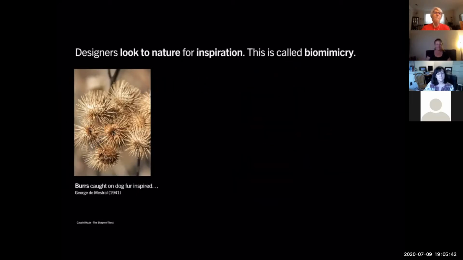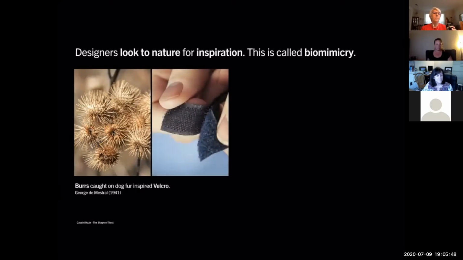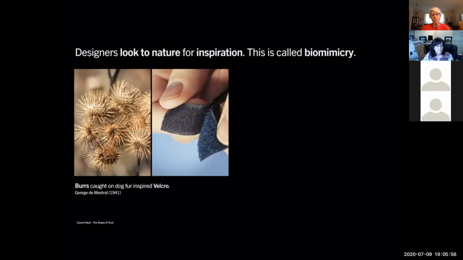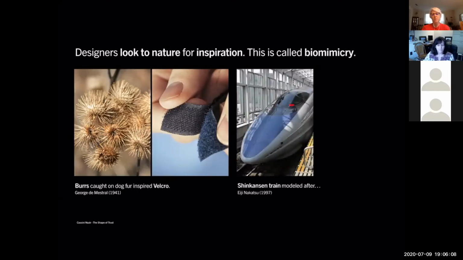And he found that these small hooks at the end had these needles, and it inspired him to create what helped me as a child to put on shoes, Velcro. And you can imagine what this material's been used for, from sporting events to young children to hospitals to all sorts of things.